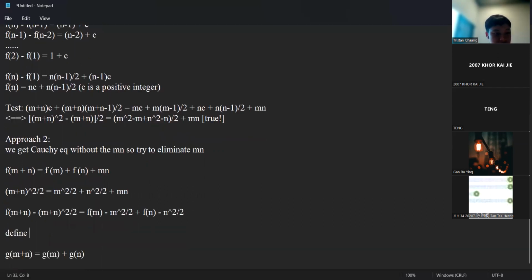So I define g(n) to be f(n) minus n squared over 2. And we must be careful because now g is from the naturals to the integers, because 2 is in the denominator, which doesn't make much of a difference because Cauchy will still work.